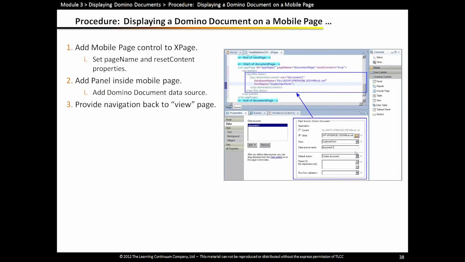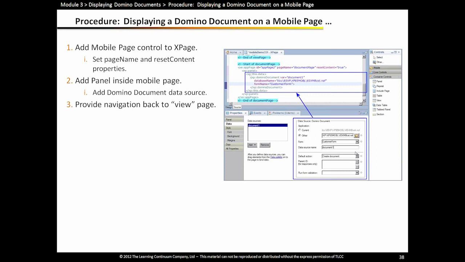Okay, first just a couple of slides here. If you want to display a Domino document in a mobile page, the procedure is: create a mobile page, give it a page name like document page. Inside of that, add a panel control, one of your core container controls. The reason for adding a panel control is that panel controls allow for the attaching of a data source.